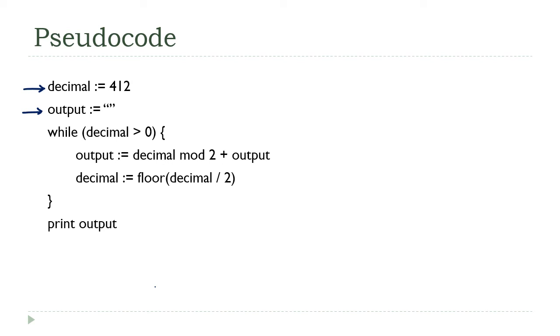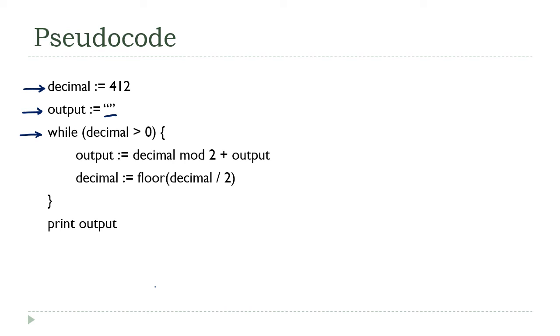And what I want you to notice here is this output, I didn't initialize it as a number. I've initialized it within these 2 double quotes. It's what's called an empty string. In other words, it's a text value, not a number. That's going to be important down the line in a minute here. All right, so now here's my loop.